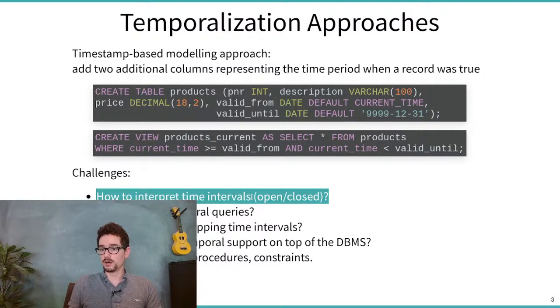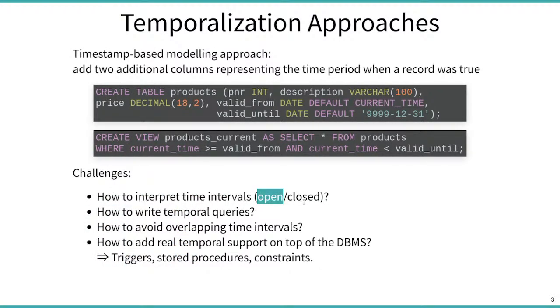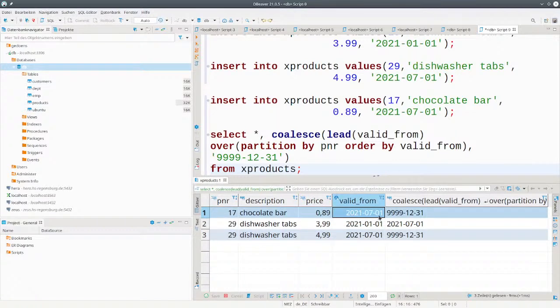Another question which has to be considered: are the intervals open or closed? So is our 1st of July included or not? Was the price 89 cents on the 1st of July or from the next day, so the 2nd of July?